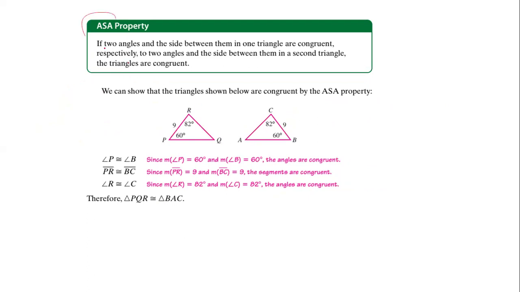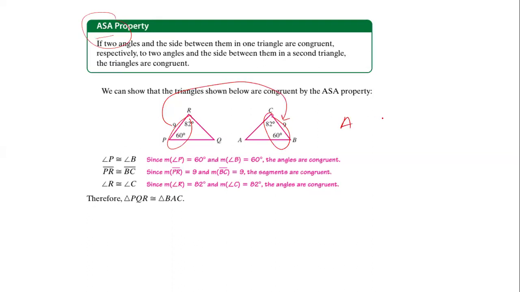You can study this, AAS. For the two triangles, if you are having two corresponding triangles, two angles from the first triangle, two angles from the other one, and one side here, one side there.